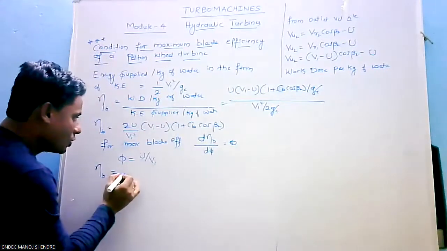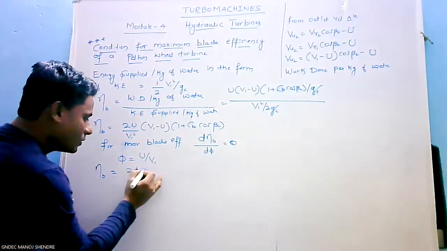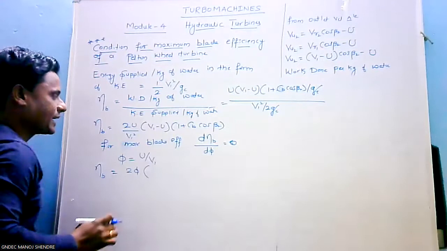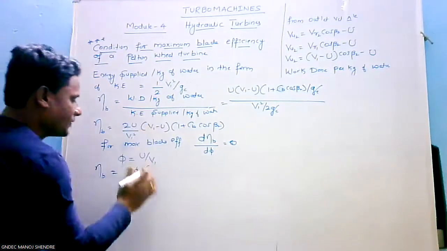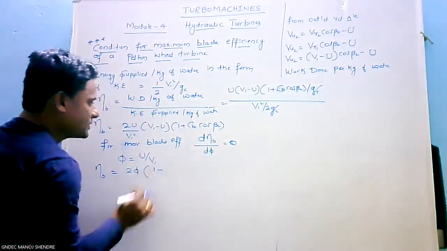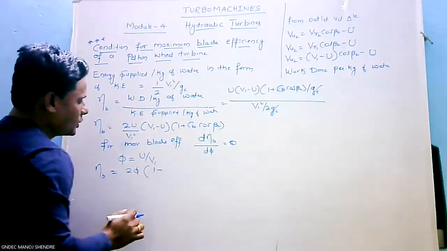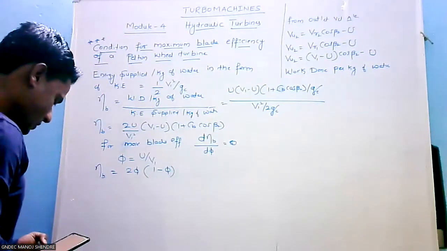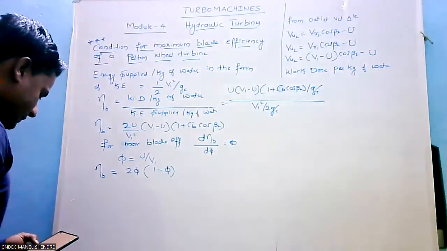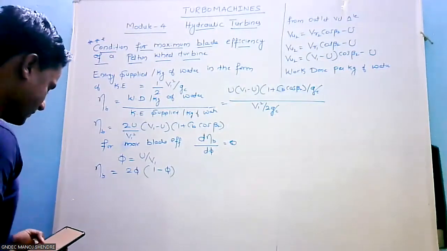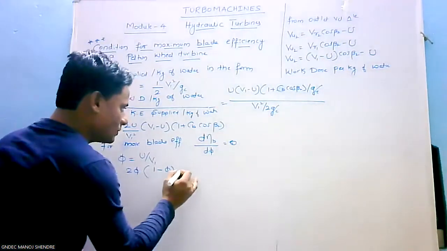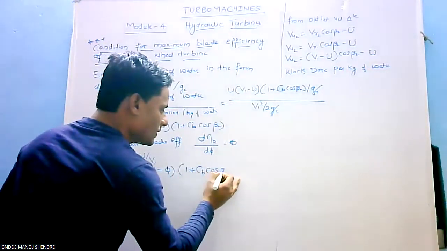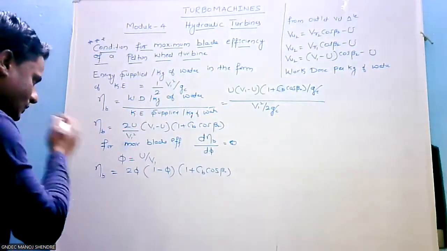So I can write 2 into phi into, one V1 will get cancelled, 1 minus, so u by v1 is phi, into 1 plus cb into cos beta 2 as it is. So 2 as it is.